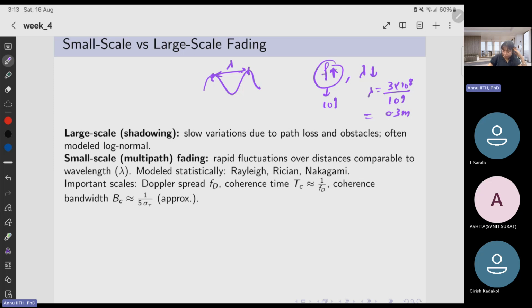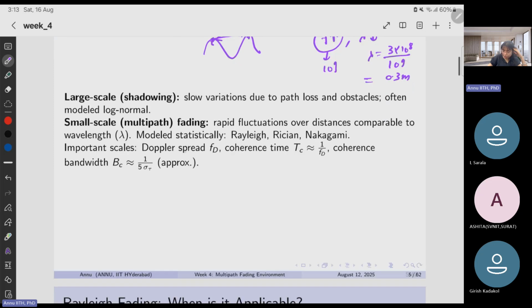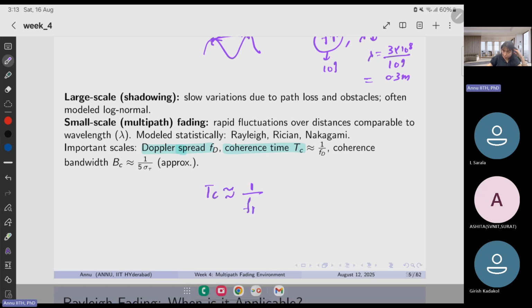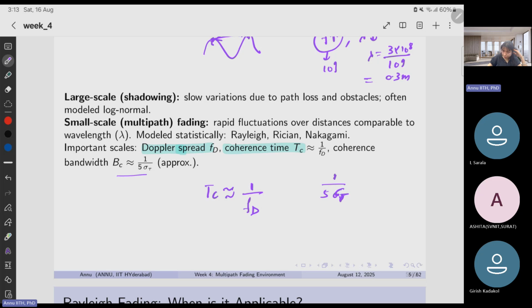Okay. So it is modeled statistically, where it is Rayleigh, Rician, Nakagami. Important scales are Doppler spread, f_D, and coherence time T_C. Sometimes in small scale fading, it's 1 by f_D, and the coherence bandwidth is equivalent to 1 upon 5 sigma_tau.